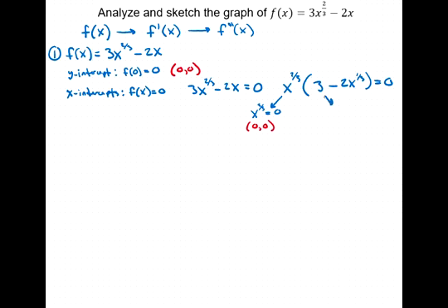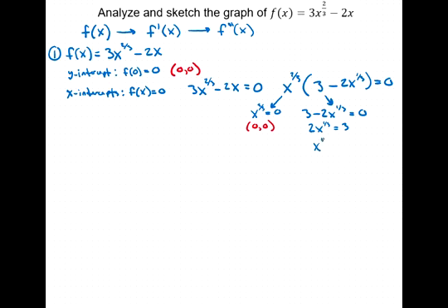And we also have to solve 3 minus 2x to the 1/3 equals 0, or 2x to the 1/3 equals 3. Let's solve for x. Divide both sides by 2.